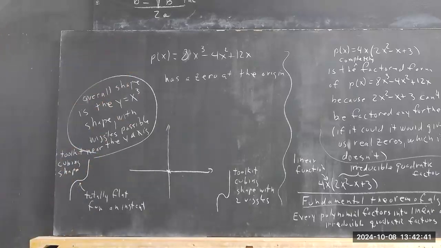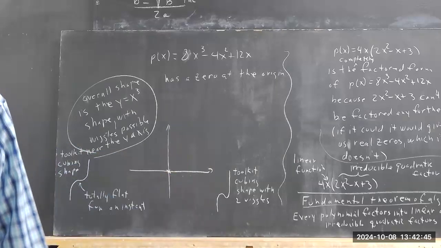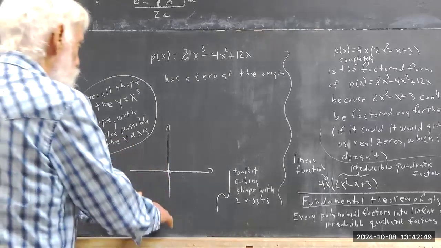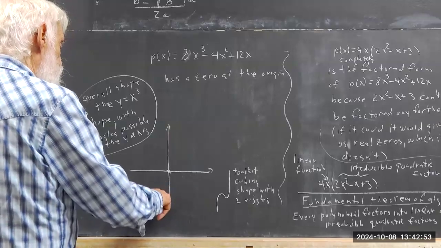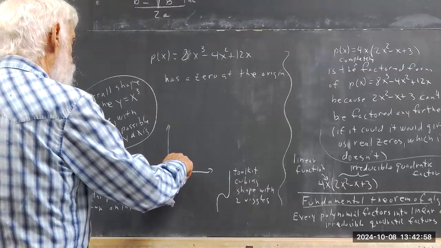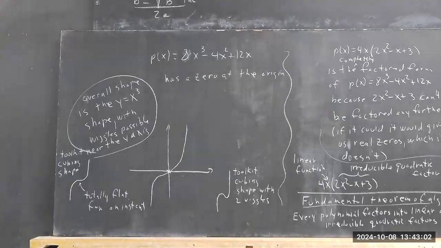In this case, it's only got 1 zero, so it doesn't have to wiggle much. Okay. So maybe it wiggles, maybe there's a wiggle down below the x-axis, maybe above the x-axis. But because of that x thing, it probably does something like this. Instead of wiggling, it doesn't completely flatten out. Okay.